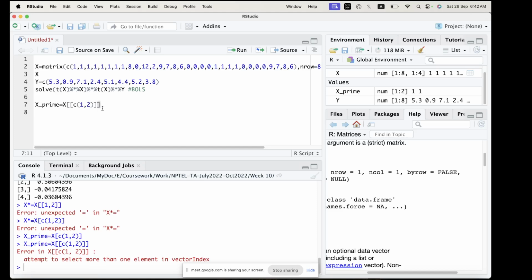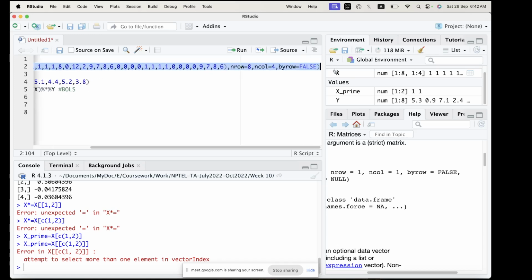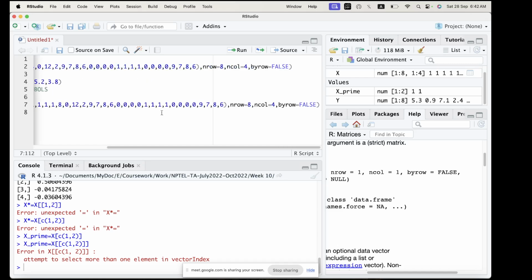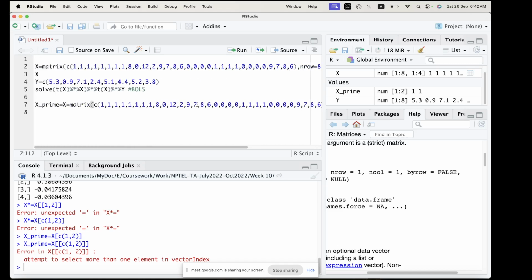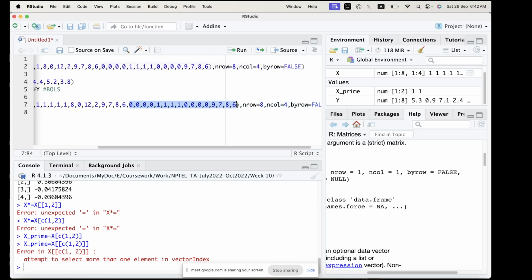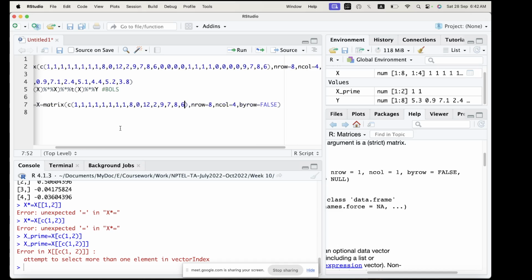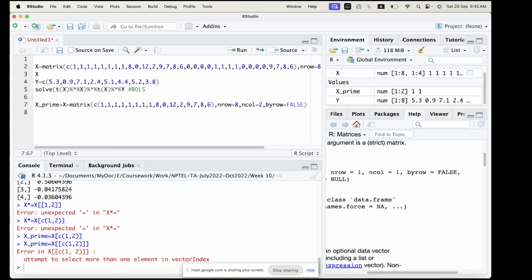One second, I should select all rows and the first two columns. Alright, so if I write this thing again, but remove the z terms. I could also subset it, but let's try this. So this thing is my x prime.